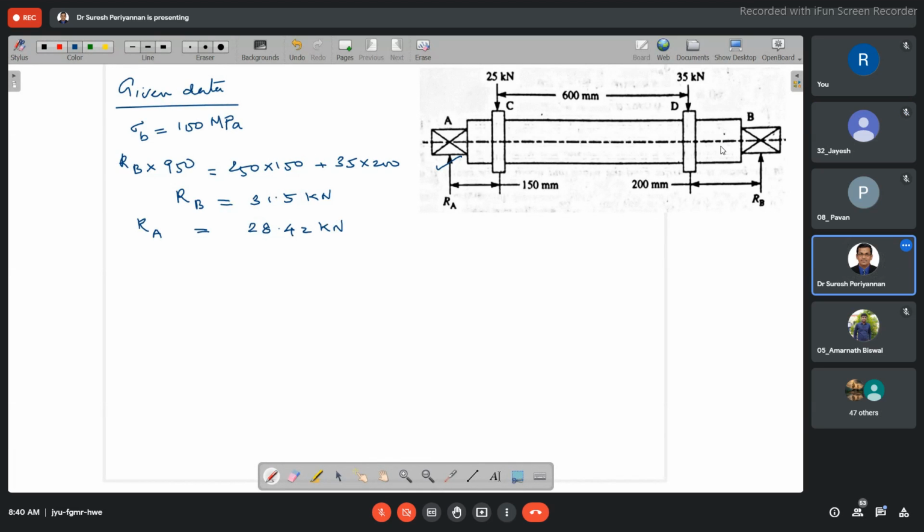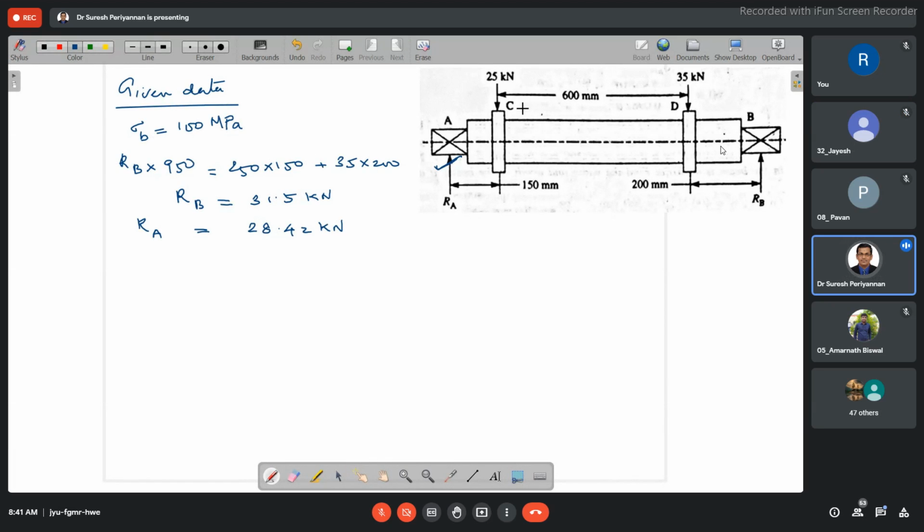Now, what is the bending moment at C? We know the reaction force here, and we know this load. Then the bending moment at the left hand side bearing with respect to the 25 kilonewton load.